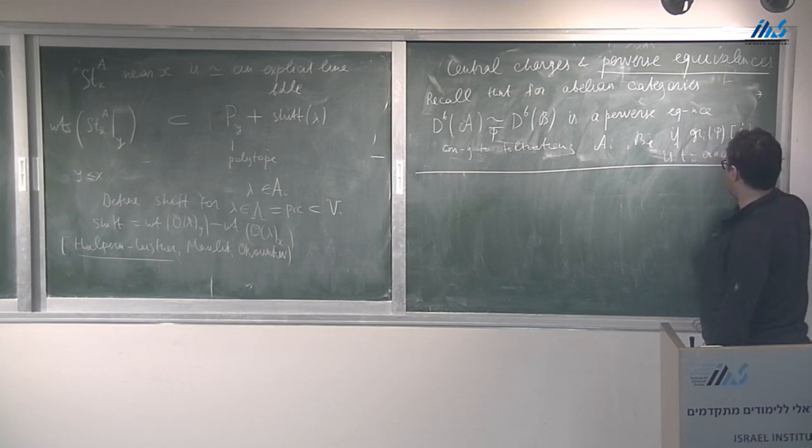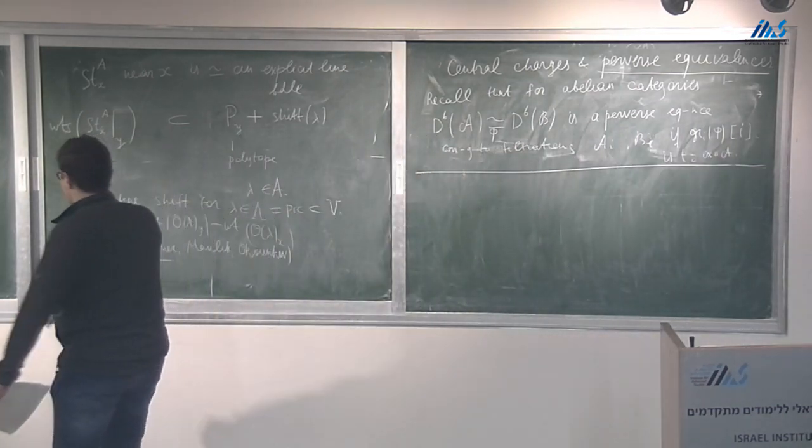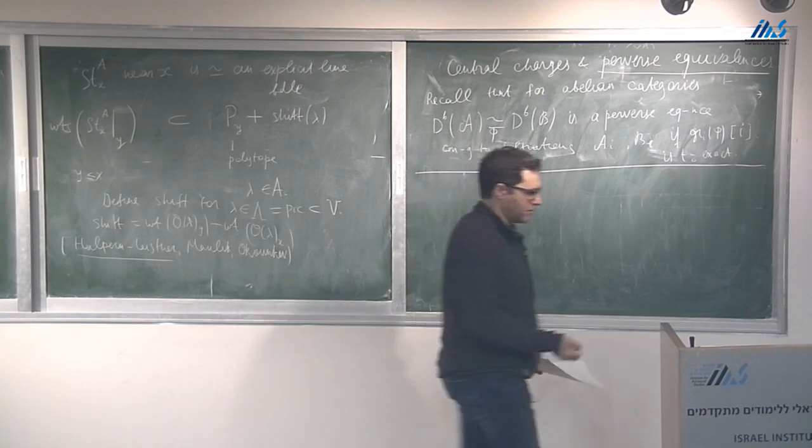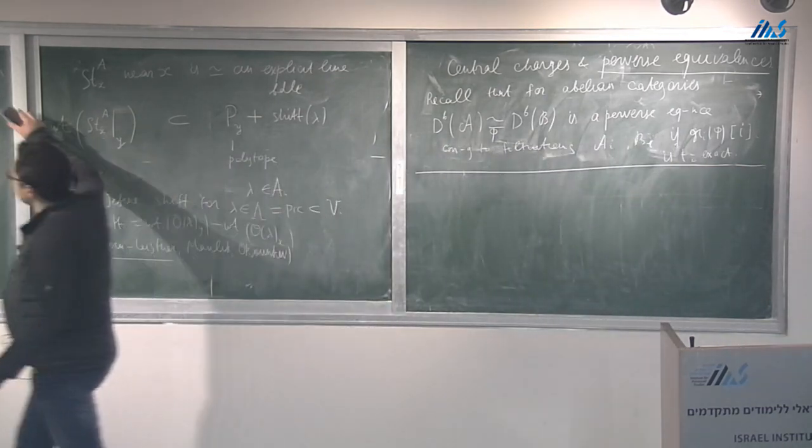So we get abelian equivalences on graded pieces, but altogether we get something going from A to B.